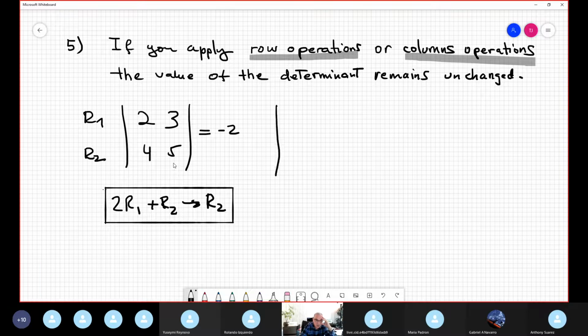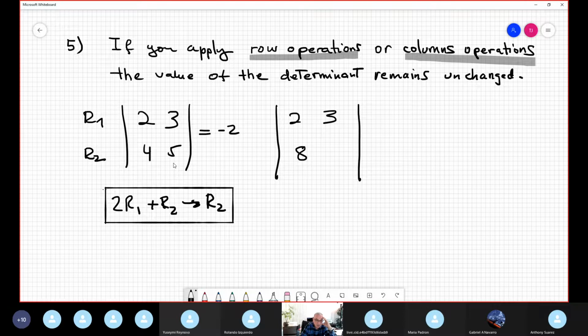The only row that changed is row 2, and row 1 stays the same.